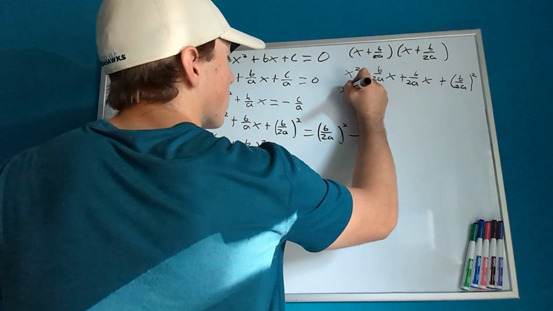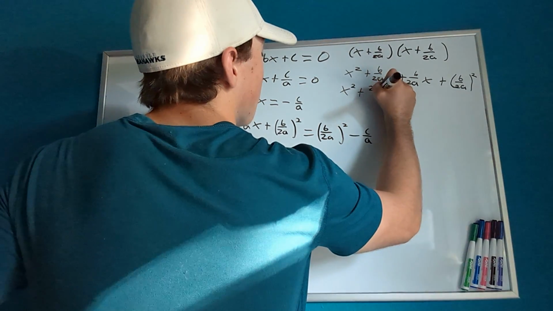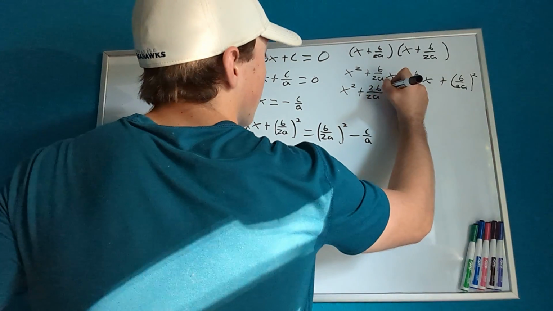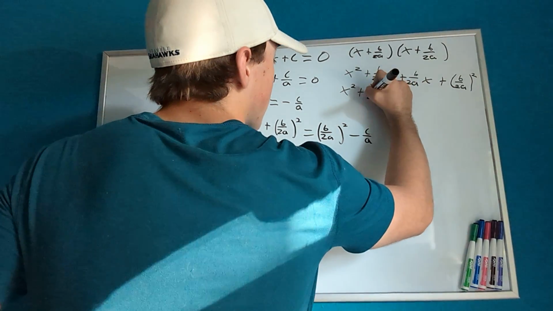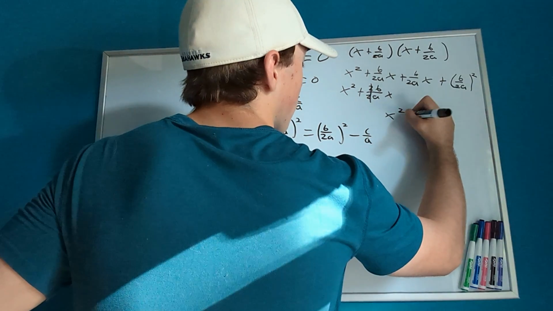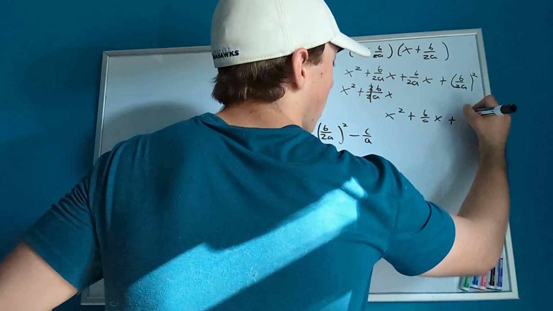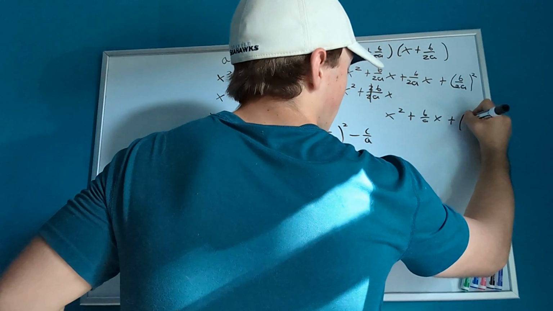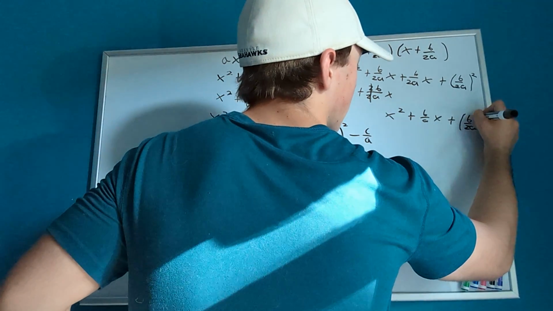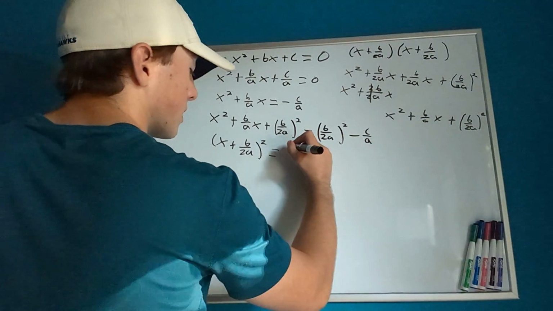Then we can rewrite this as 2b over 2ax. The 2's cancel out, and you just get x squared plus b over ax plus b over 2a squared. All right? And once again, we can set it equal.